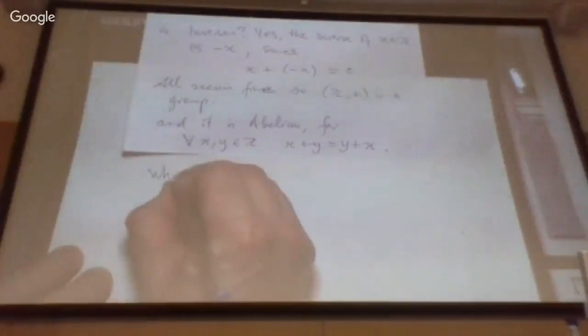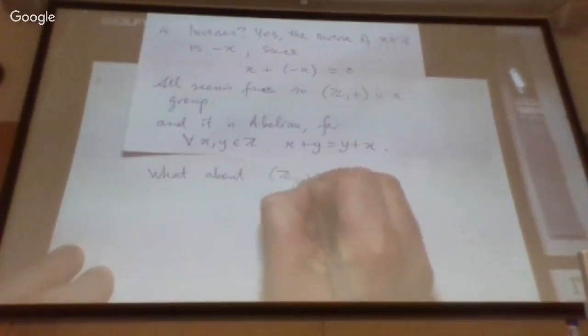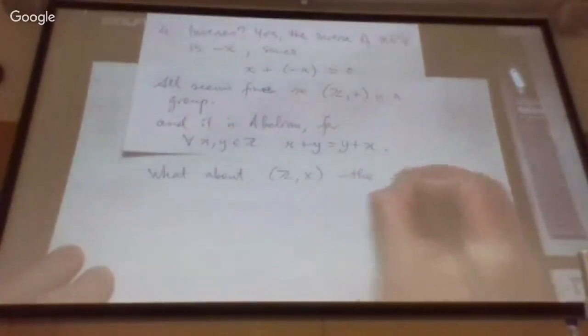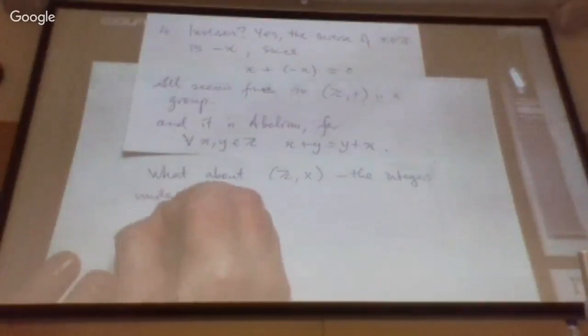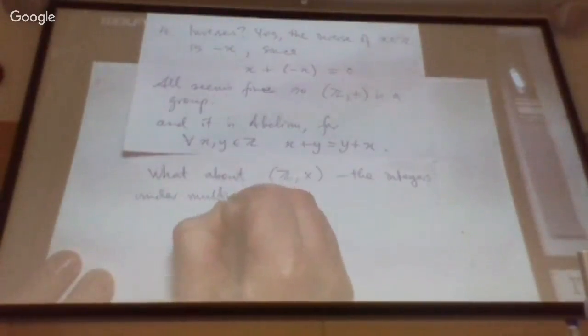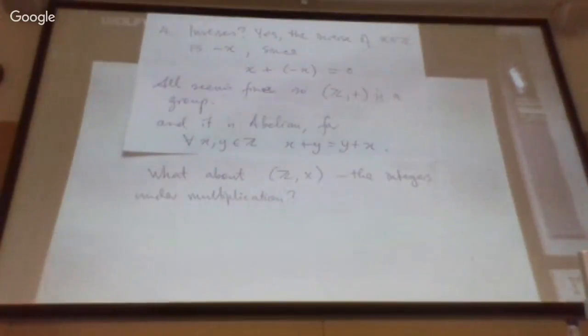Okay, what about the integers under multiplication? Does that form a group?